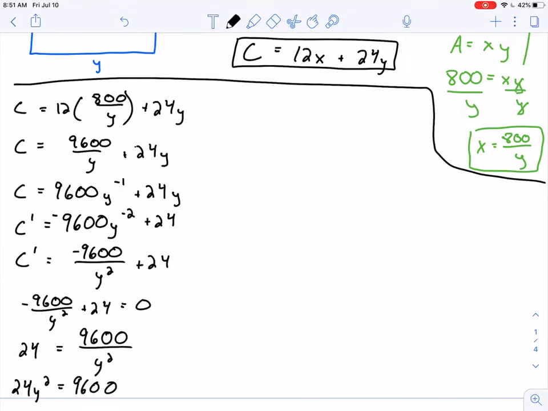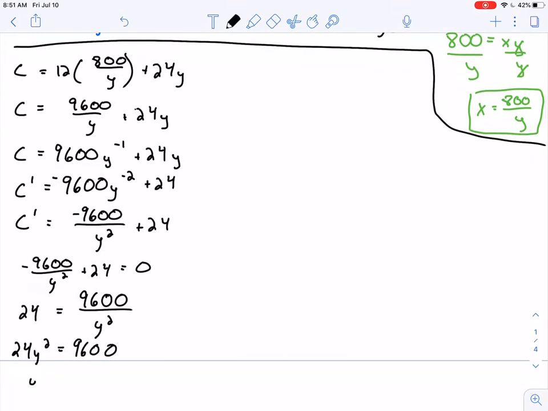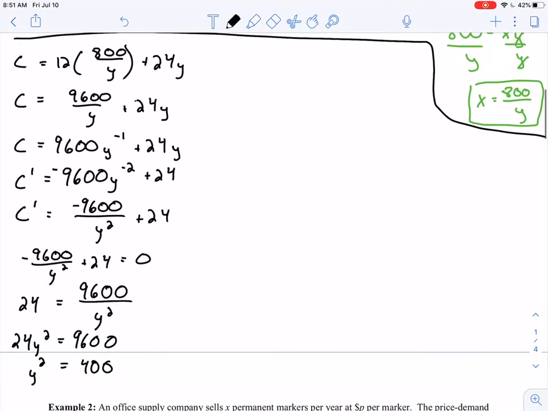If I divide this by 24, I get a nice even 400. y squared equals 400. Taking the square root gives me y equals plus or minus 20. So I have two critical numbers here, positive and negative 20. We'll talk about which ones we want to pay attention to once we find the domain, but right now I just want to focus on finding the critical numbers.